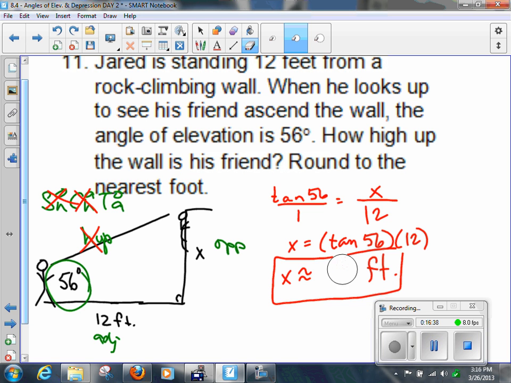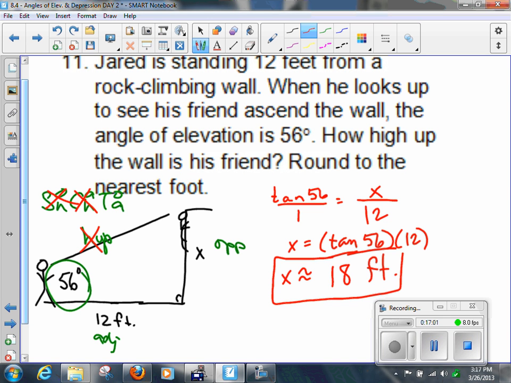Is that what y'all have? Yeah, approximately 18 feet. Make sure: 56 degrees, 12 feet, opposite over adjacent, x over 12, tangent 56 times 12, that's 18 feet, folks.